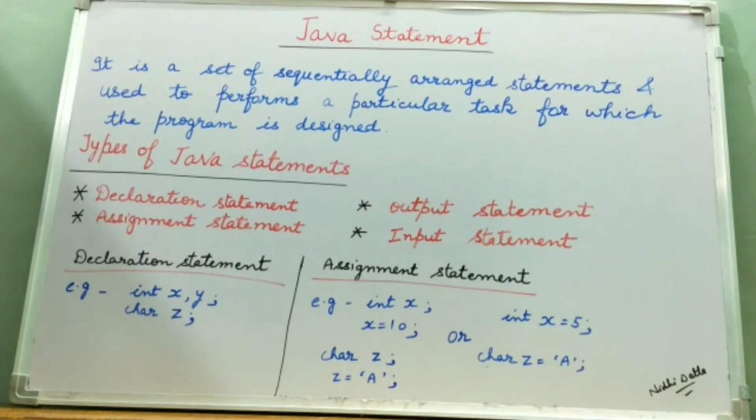What is a declaration statement? When we use any variable in the program, we have a need for declaration. Variables are used for storing a number value, a character value, or a string value.